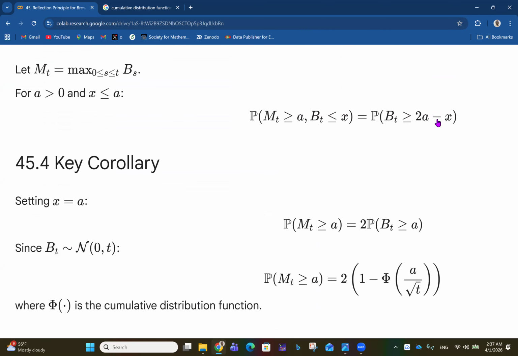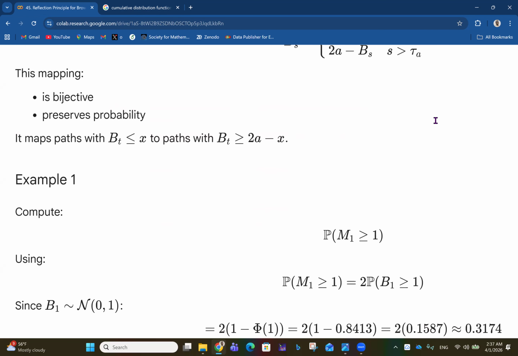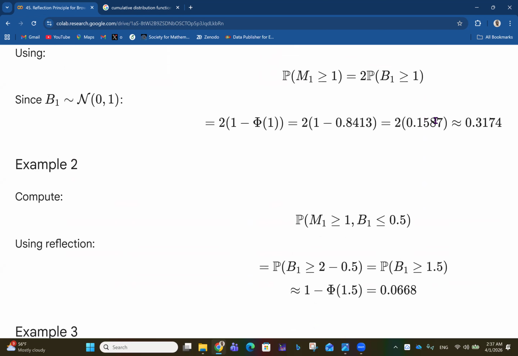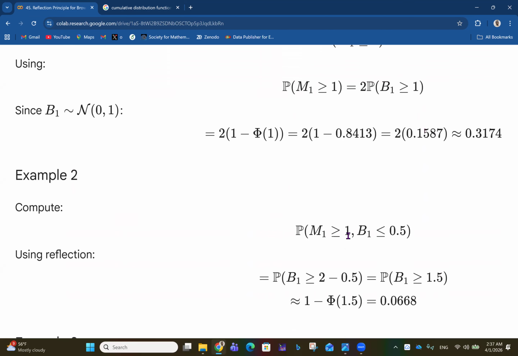Greater than, less than, everything becomes greater than, as you have here: 2a minus x. So in this case, we have 2 times 1 minus 0.5, so the probability that B1 is greater than or equal to 1.5.